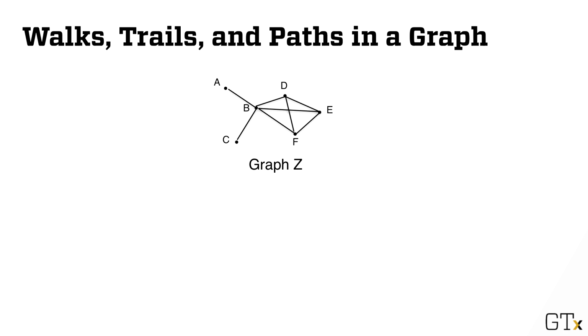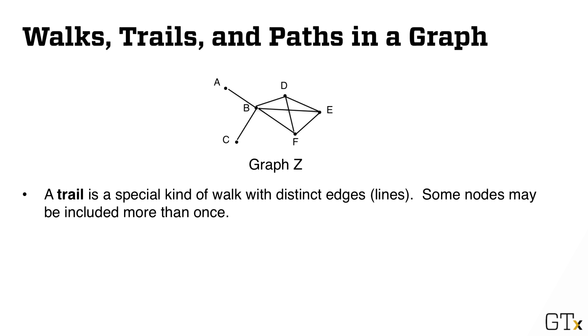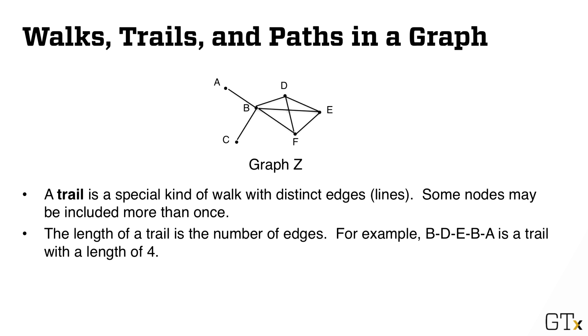A trail is the next concept that we have to learn. A trail is a special kind of walk which has distinct edges. So, an edge is not repeated in a trail, but some nodes may be included more than once. And the length of a trail is the number of edges.